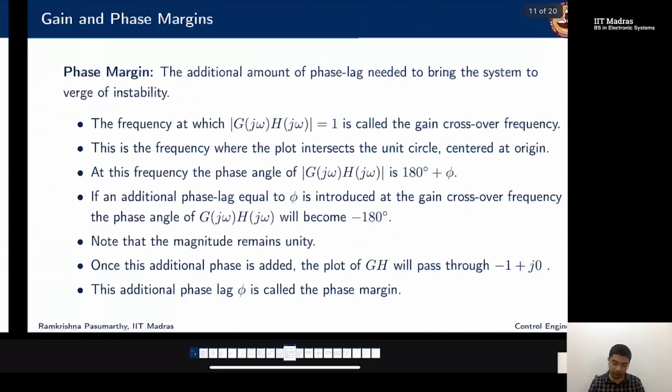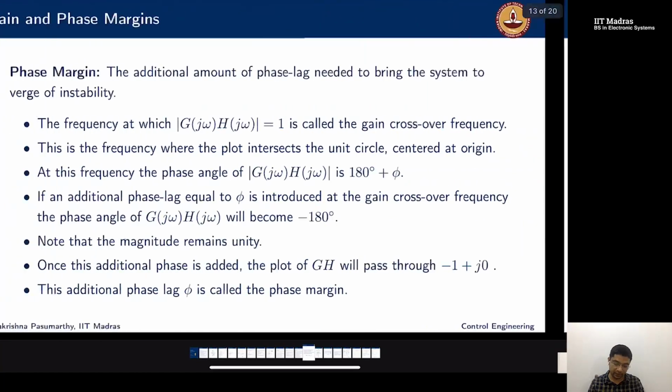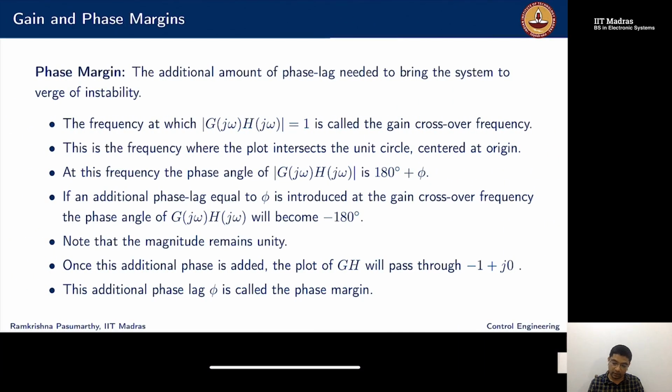And once I know the frequency at which the gain becomes 1, that is the gain crossover frequency. This is the frequency where the plot intersects a unit circle. At this frequency, what is the phase angle?